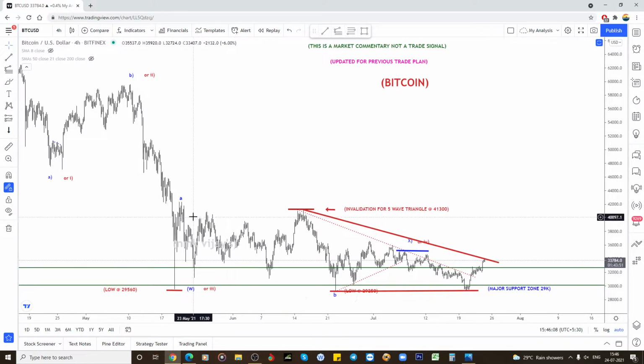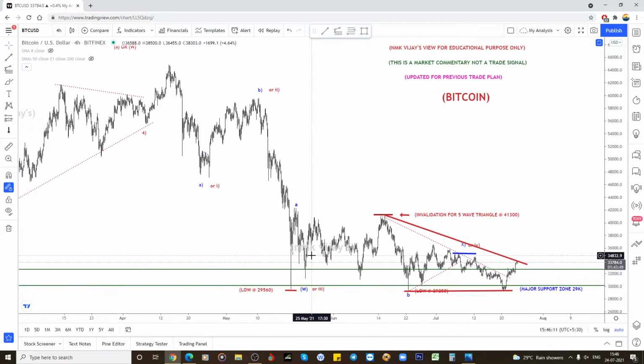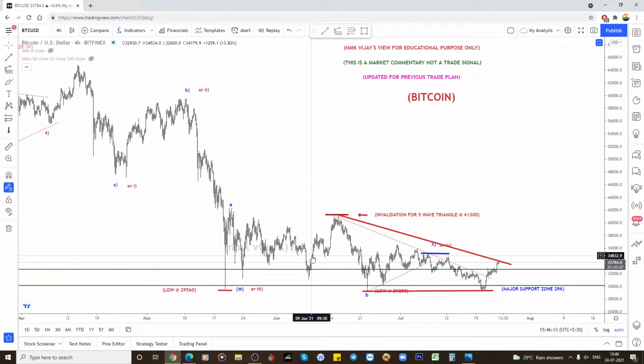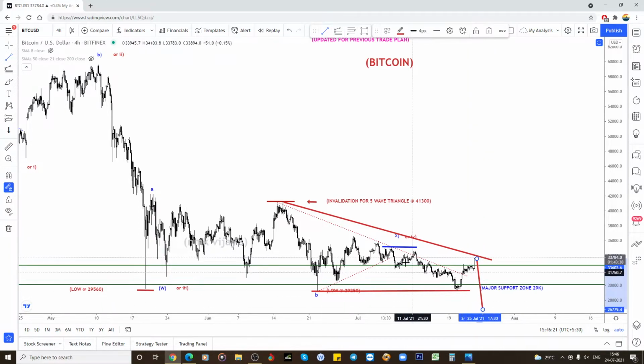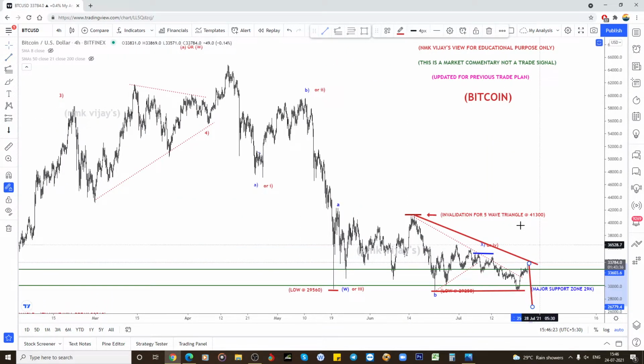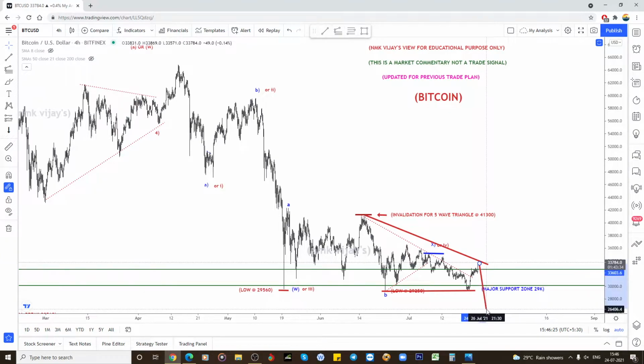It could also be like that, because a lot of times I myself missed a lot of opportunities expecting the fourth wave. So we are expecting one more leg to the downside, then only later on. I'm not trading that fifth wave. I will trade only up to the third wave.